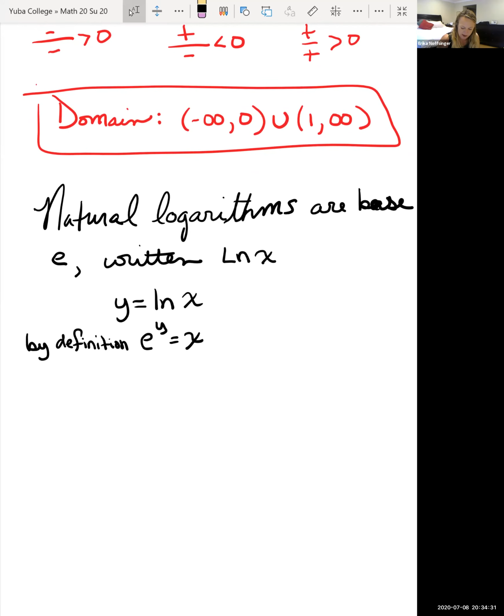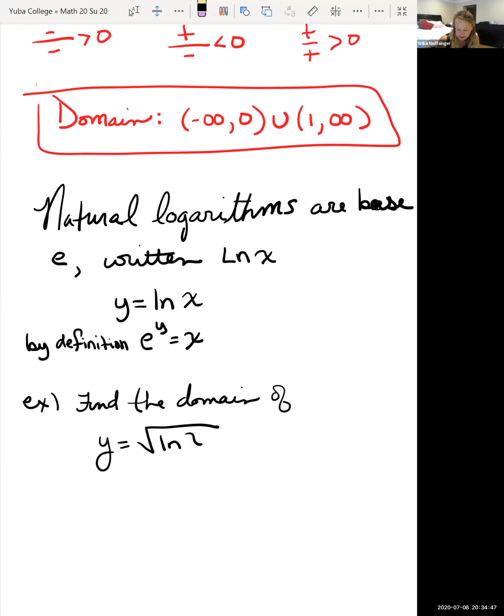So one more domain question. Find the domain of y equals the square root of ln of x. Multiple things are happening here. We are worried about the natural log of x.